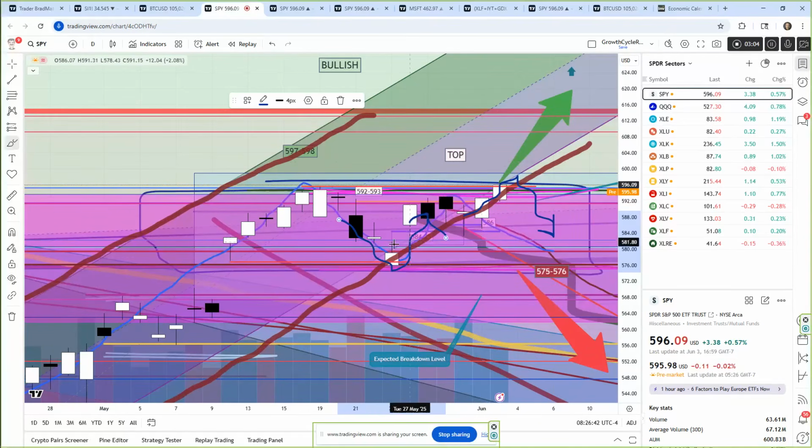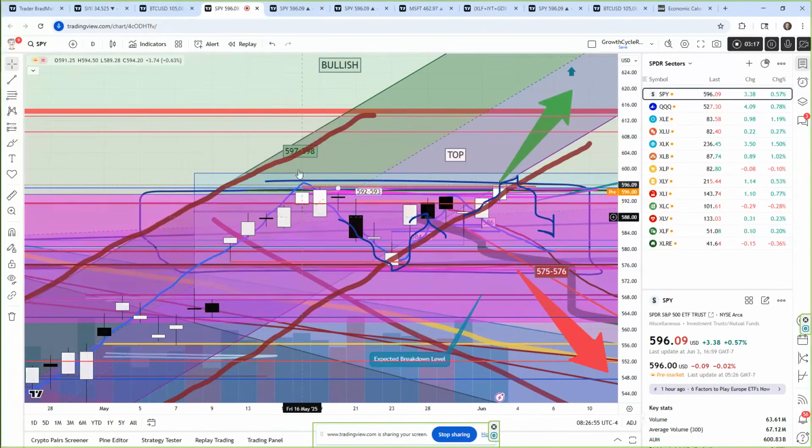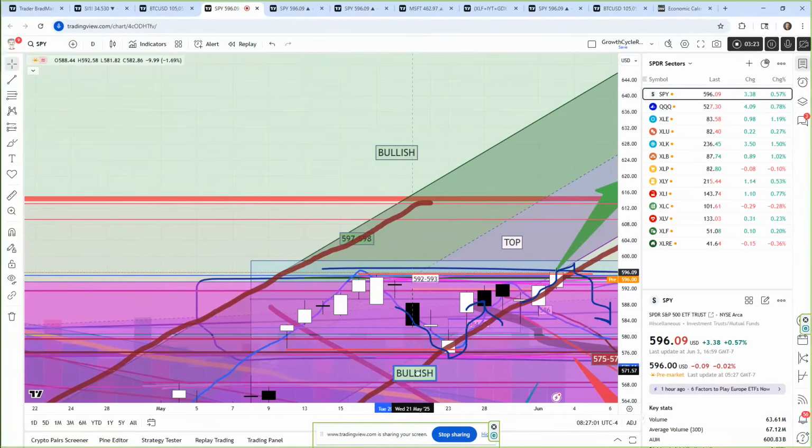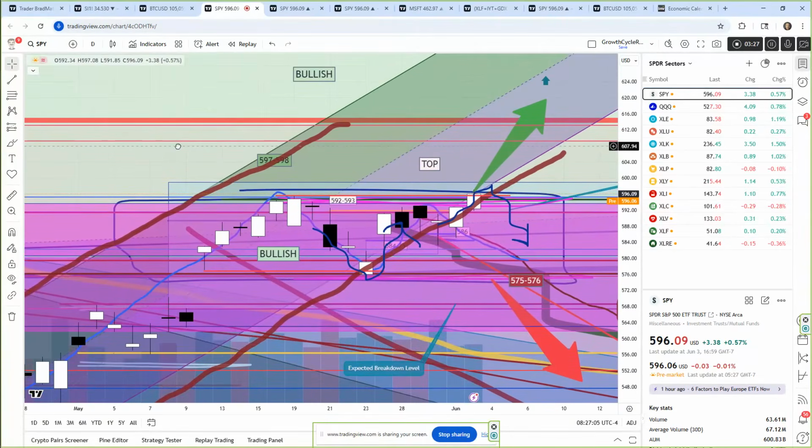So let's be very honest. We are still bullish, okay? We do not have confirmation of this breakdown yet. We are still bullish. General trending is still bullish. We are not in a downtrend yet.